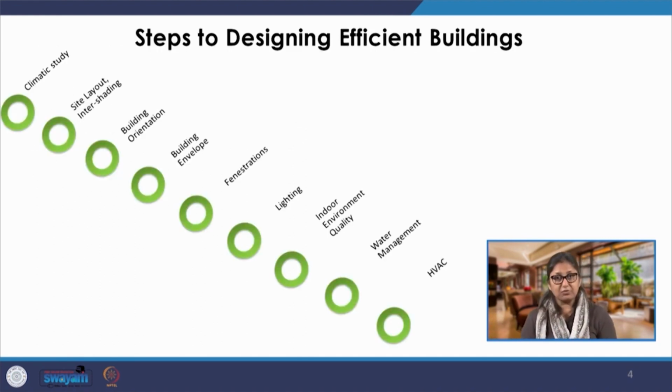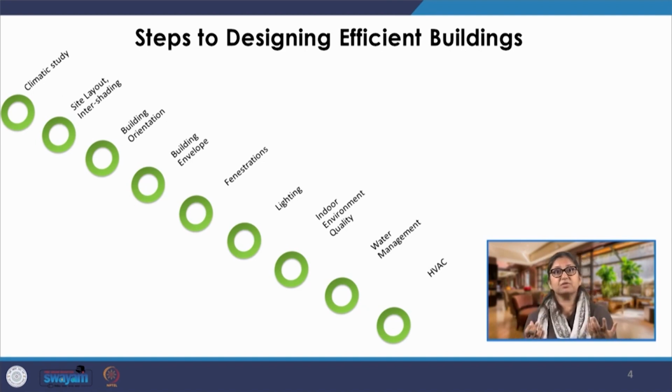But before I move on to that, we have to first look at what are the different steps in designing efficient buildings. Today, unfortunately, we do not follow these steps, and all we end up doing is depending upon the mechanical systems, the systems which consume a lot of energy, electricity predominantly. For lighting, we do not depend upon the natural light which can be brought into the space.